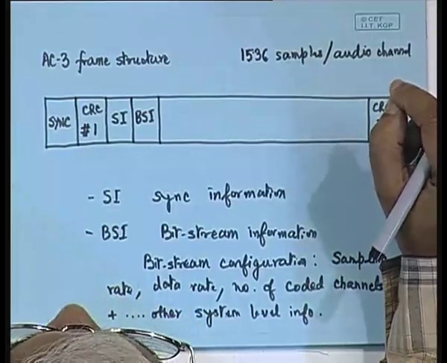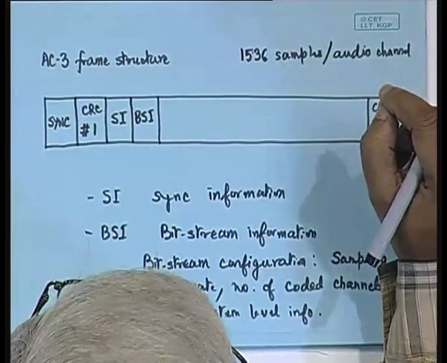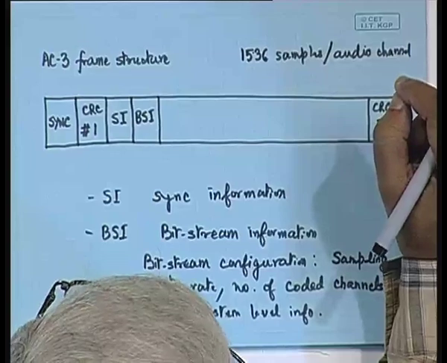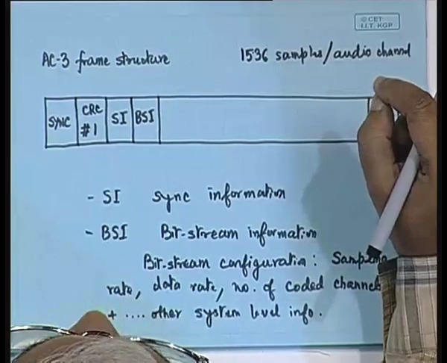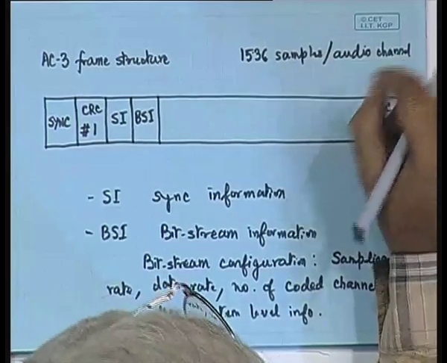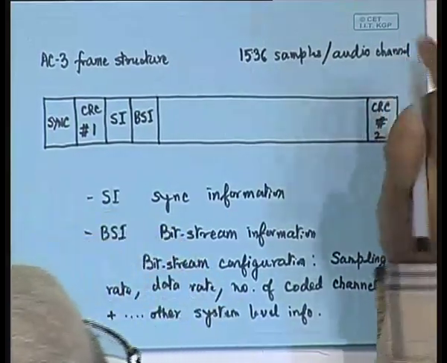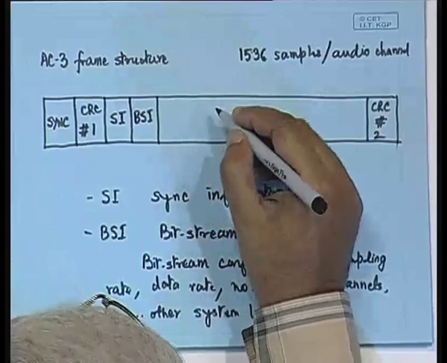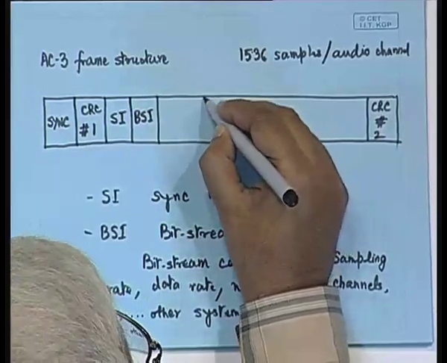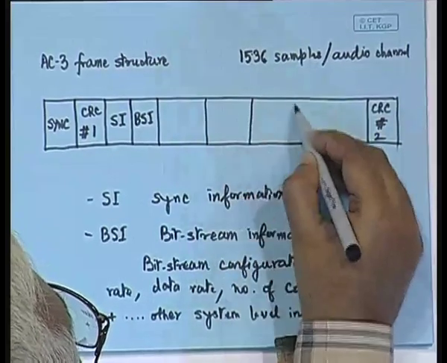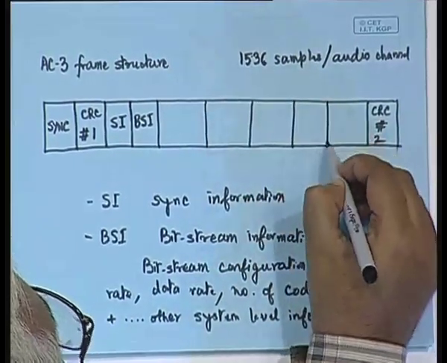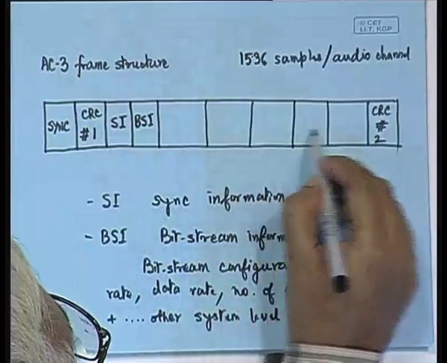So, that means whenever you are having 1536 samples in 6 blocks, for each block we have 256 samples. We have 256 samples per block. So, then we can write down the individual blocks as, so this will be subdivided into 6 parts. Let us do that, 3, 4, 5.